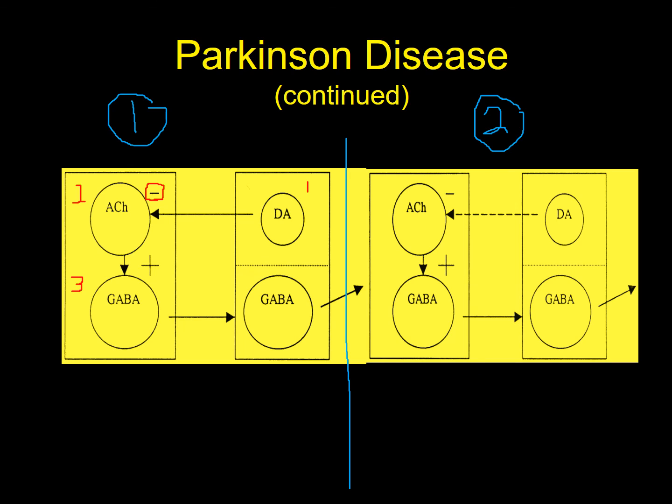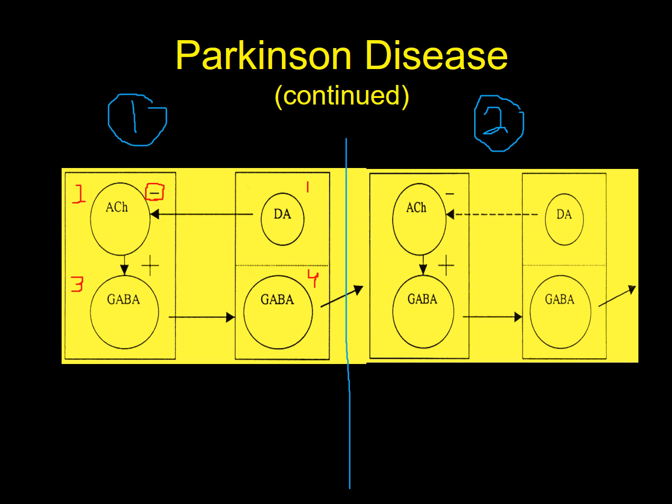Now acetylcholine is excitatory. So again, if there wasn't enough dopamine to inhibit the acetylcholine, acetylcholine would be released and it would fire off to neuron 3, which is a GABA-producing neuron. And then GABA would fire off to neuron number 4. Now GABA is inhibitory, so if GABA fired off from number 3 to number 4, it would inhibit number 4, and number 4 would not fire off.